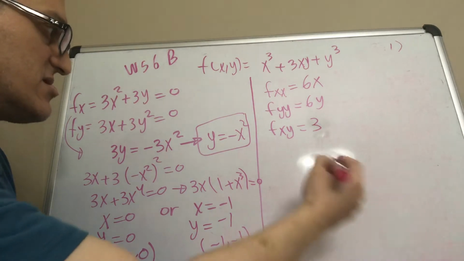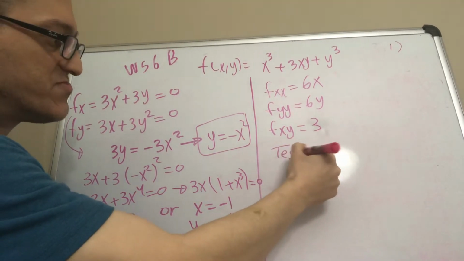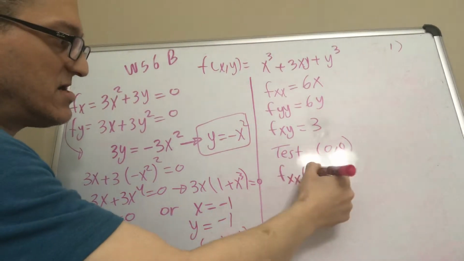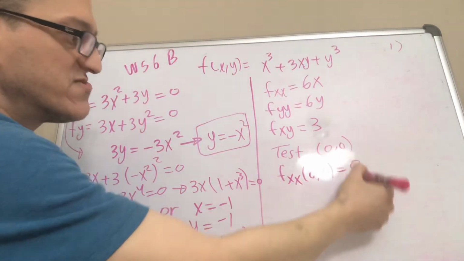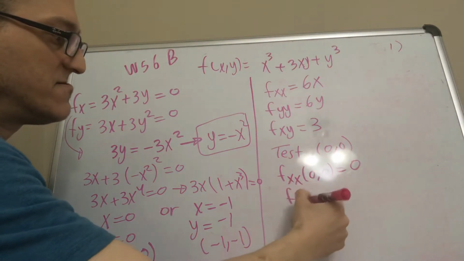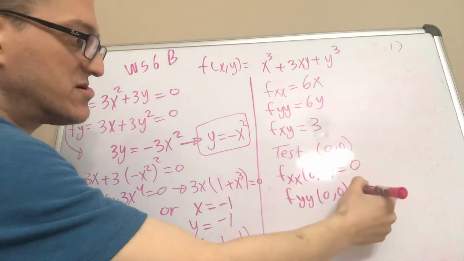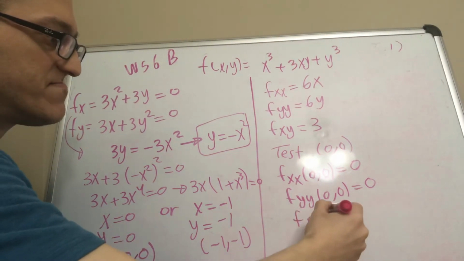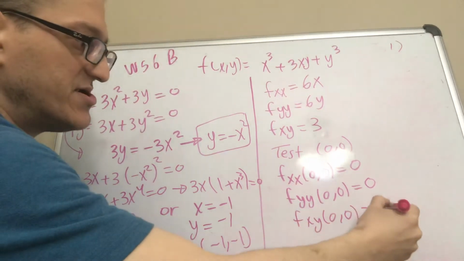We plug, so I'm gonna test the first point, 0, 0. At 0, 0, this gives me a 0. This one at 0, 0 gives me a 0. And this one at 0, 0 gives me 3.